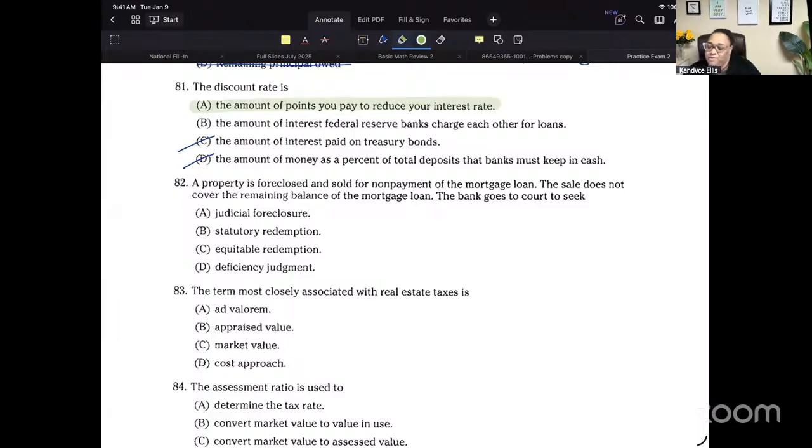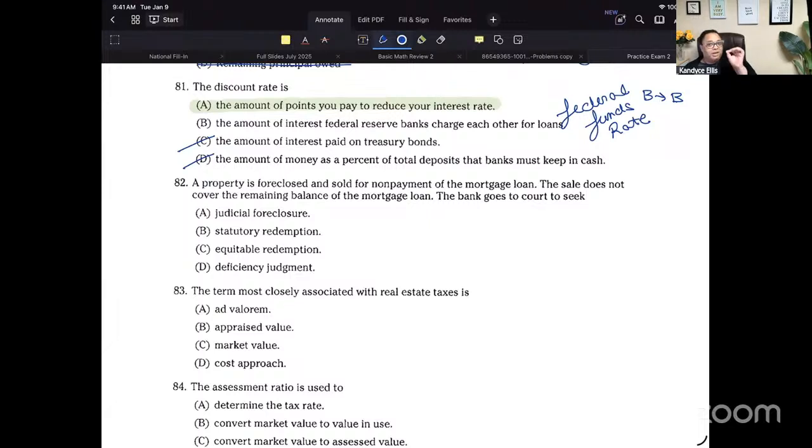Remember, the amount of interest that the Federal Reserve says a bank can charge another bank. So if you're Bank of America borrowing money from Wells Fargo, that is the federal funds rate. So if it's bank to bank, like business to business, that's the federal funds rate.